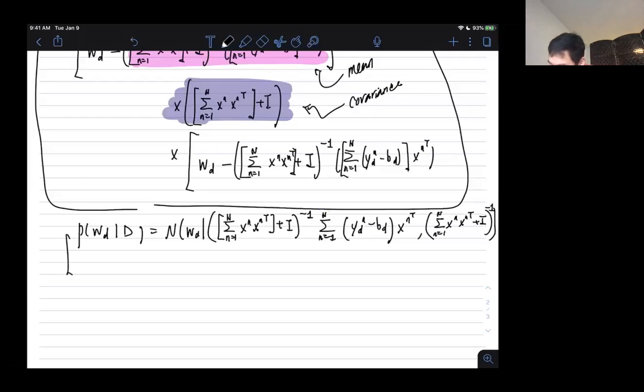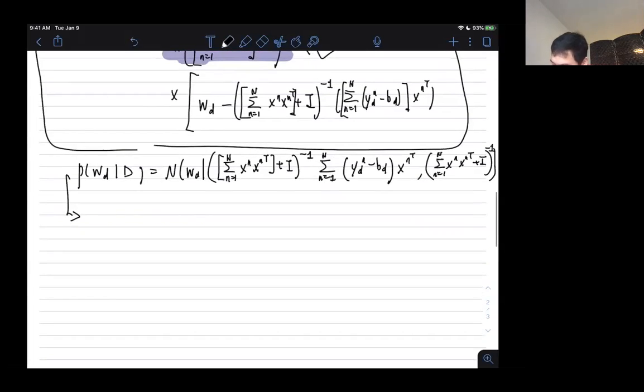And then from here, we can in fact write down the probability distribution over the entire Wayne matrix, given the data, which is going to be, again, the Gaussian. But what we now end up with is we need to look at not only the dth dimension here, but the entire dimension. So let's just write it down. The sum from 1 to n, xn xn transpose, plus identity, inverse, times the sum from 1 to n.